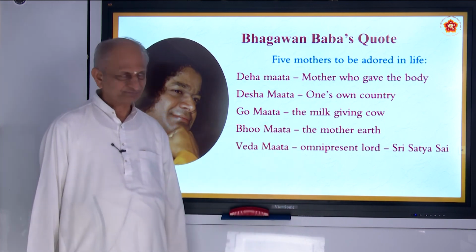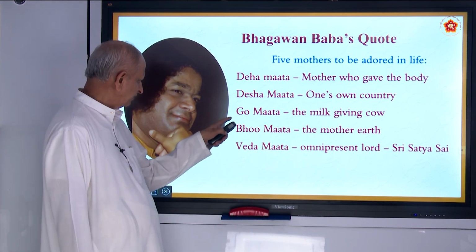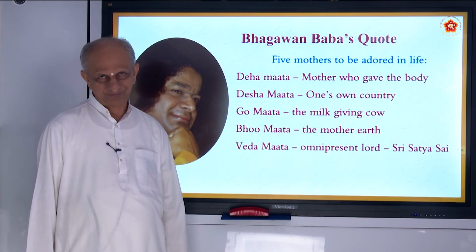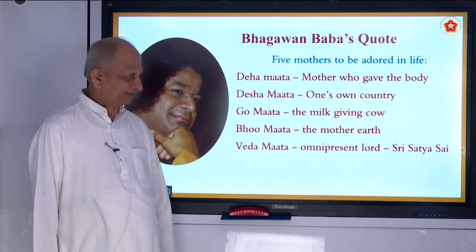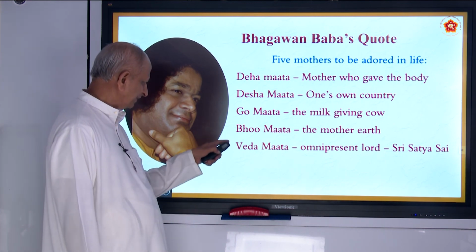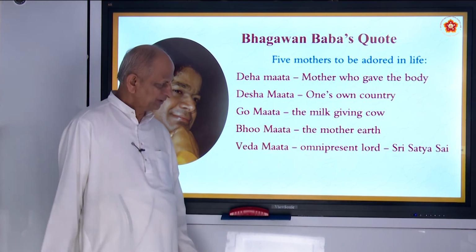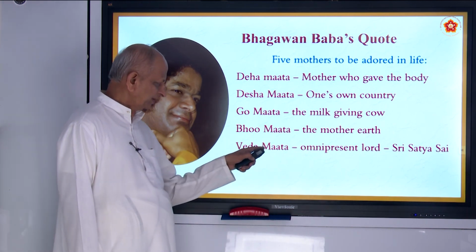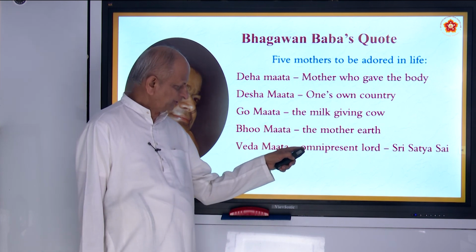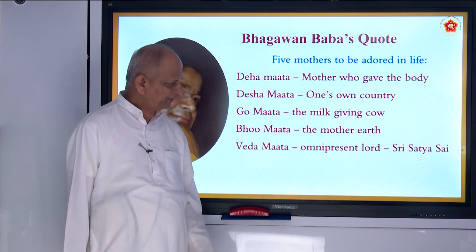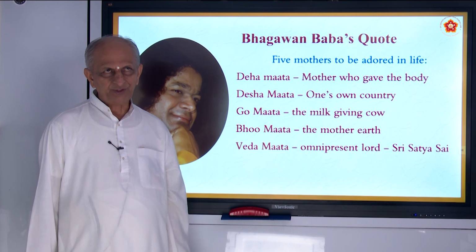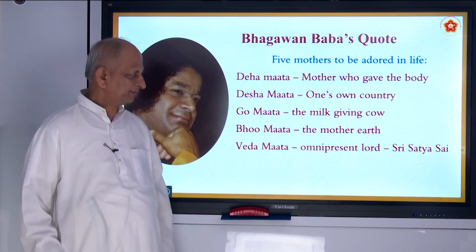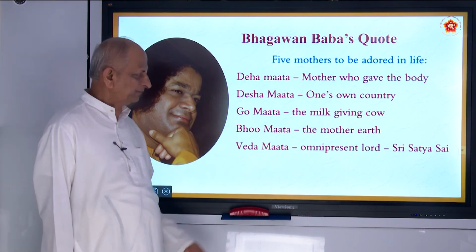Bharat Mata, one's own country. Next, Go Mata, the milk giving cow. Is it not? It's also considered as mother. Bhu Mata, the earth where you are living. Lastly, Veda Mata, or it's also called Sai Mata, or the omnipresent Lord, who is in each and every being in this universe. Correct? So we have to respect all these mothers.